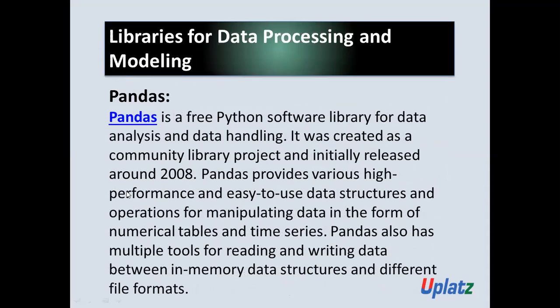So Pandas is useful for data analysis and data handling, NumPy for numerical computing, and SciPy for scientific and technical computing. And scikit-learn is very important for machine learning coding.